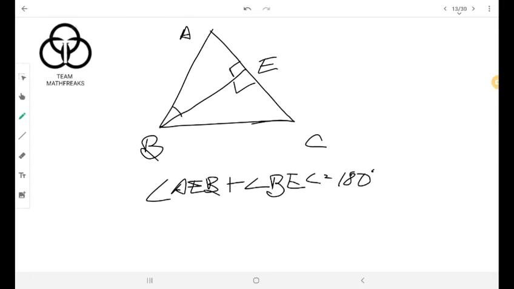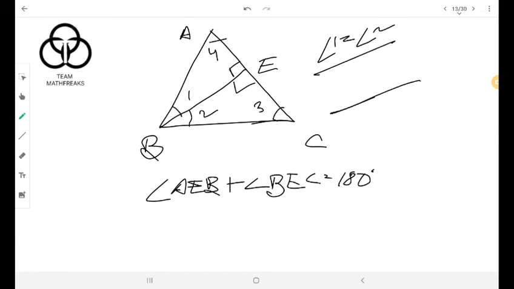Either this angle ABE equals angle CBE, alpha, alpha. Let me name them 1, 2, 3, 4. Angle 1 equals angle 2. This is one possible case.